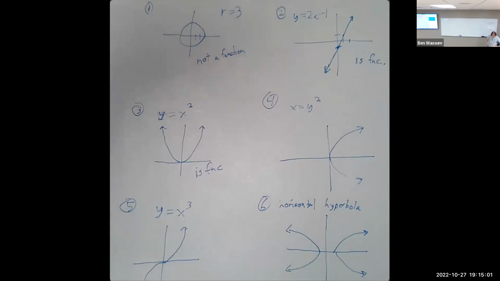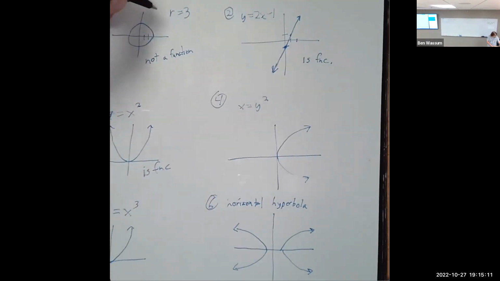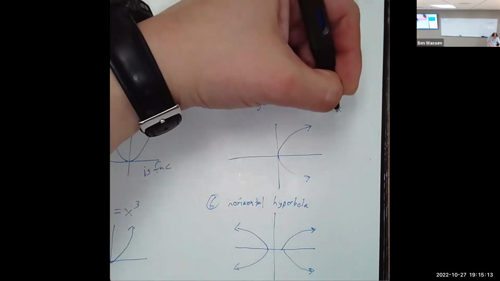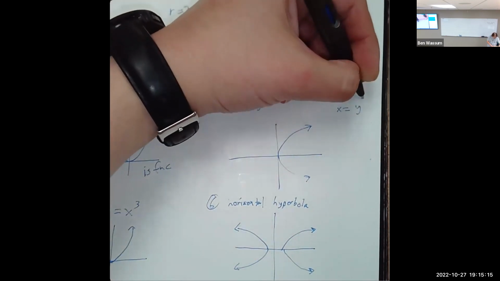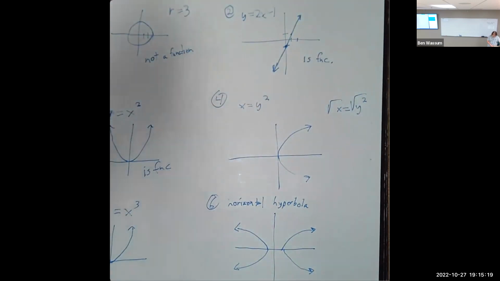But I did say at one point when we were going over square roots, let's put this in the margin over here, if I was to square root both sides.